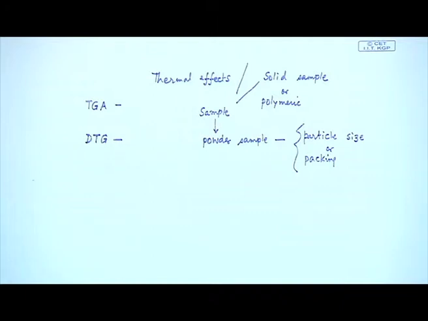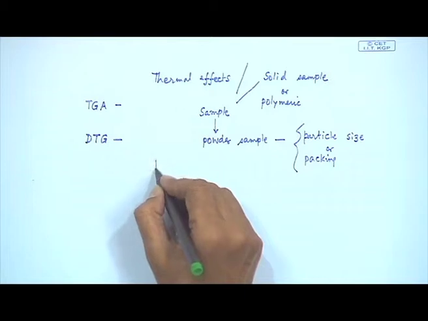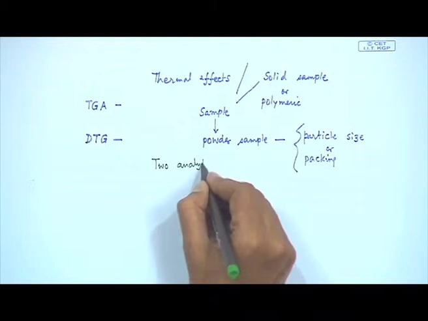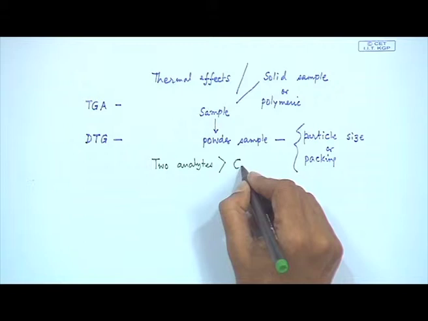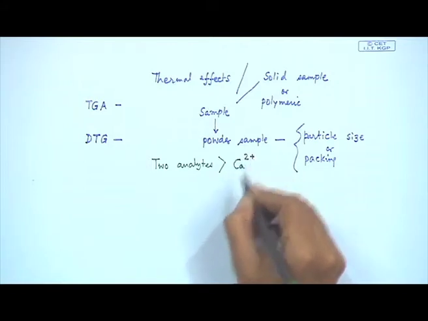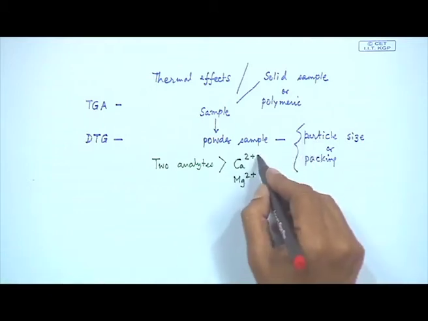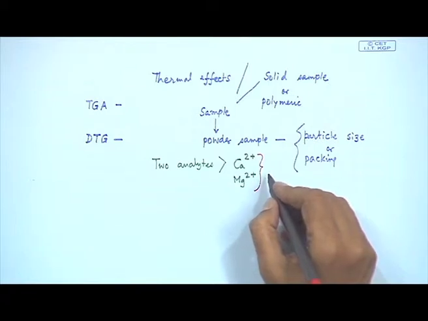So, what we can see now is that if we have two analytes which we want to determine, say the two metal ions, one is calcium 2 plus, another is magnesium 2 plus, and we all know they are very much present in groundwater and other water samples that we use every day.